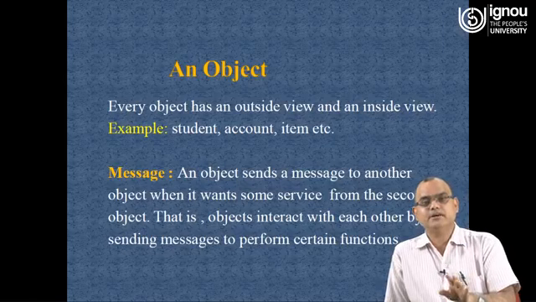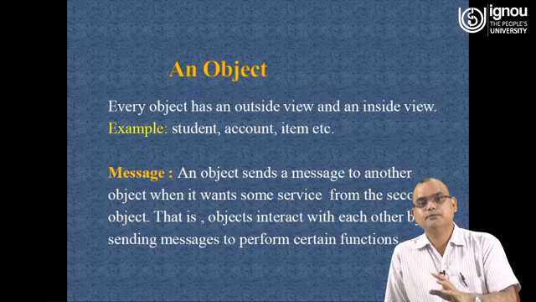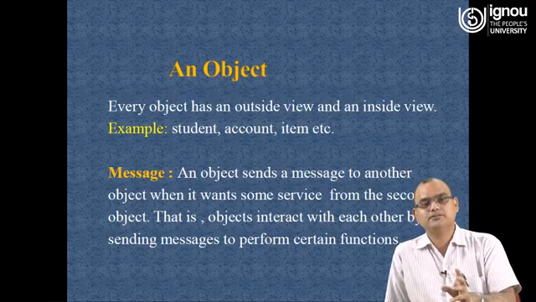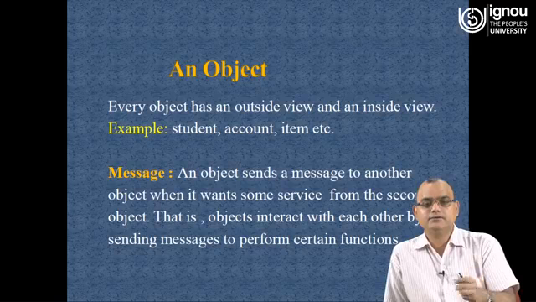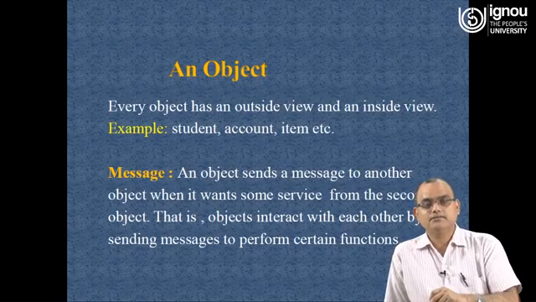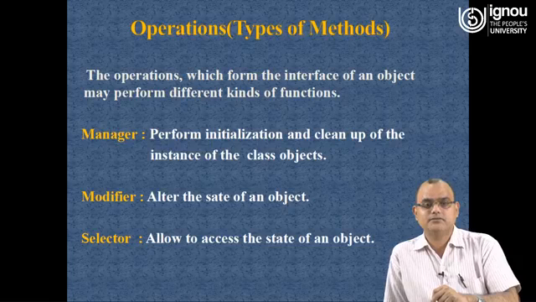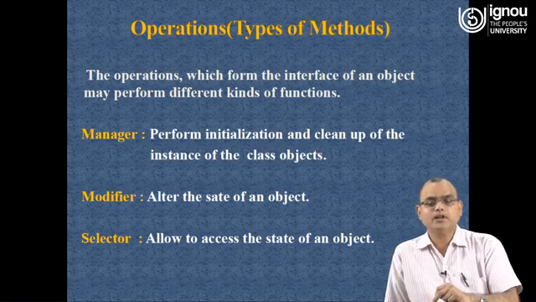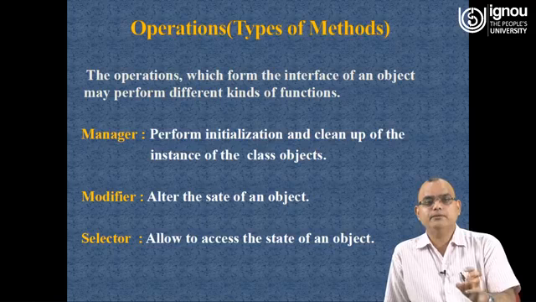It means if an object is there, that object is supposed to perform some operation, and those operations are termed as different kinds of services associated with those objects. This will be a little more clear when we discuss with the help of an example. So now let us move forward and try to be a little more specific about what exactly operation means.